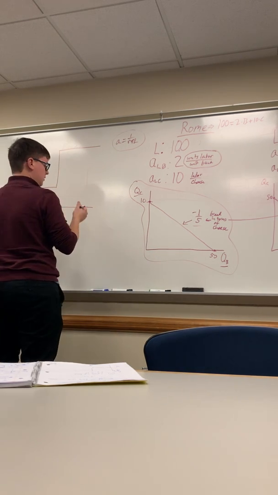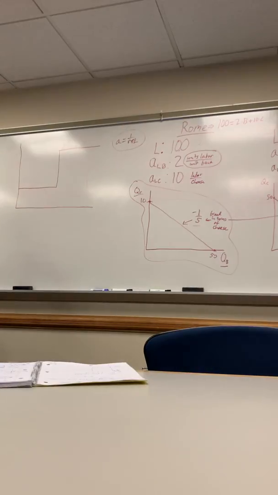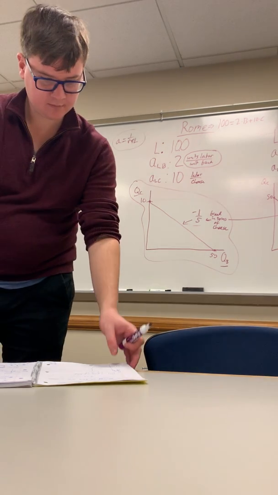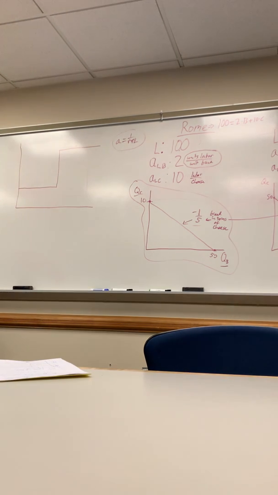Okay, so we've got our global relative supply curve. So let's label all of our axes, because we're thorough in this way. What do we label our y-axis? Yeah, price ratio. But what price ratio?